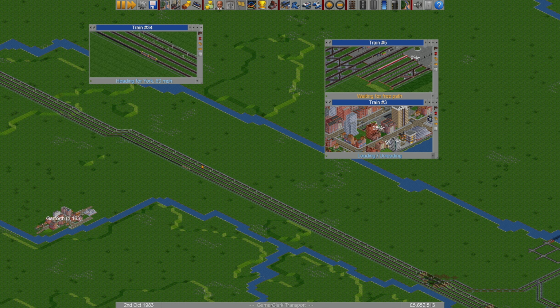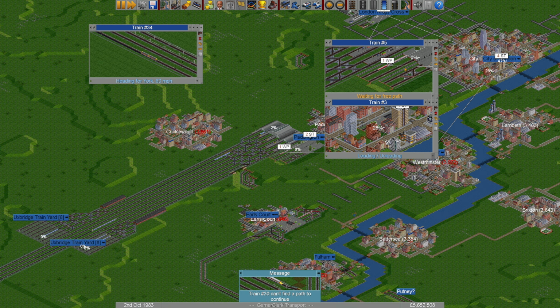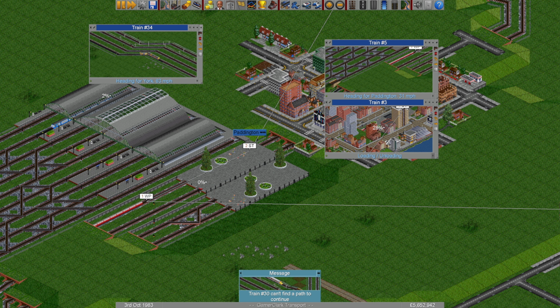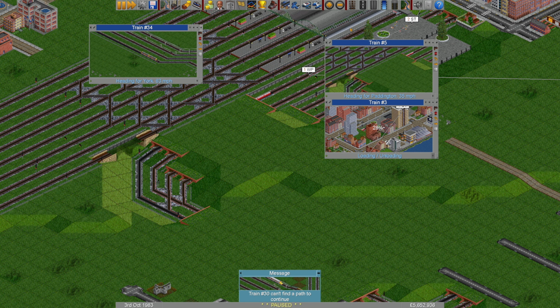Quite a way away. So that's waiting for a free path. Why is that waiting for a free path? Are these because they're all... I used the wrong signal type, so they actually do allow themselves to go backwards. Yeah, it is, isn't it?